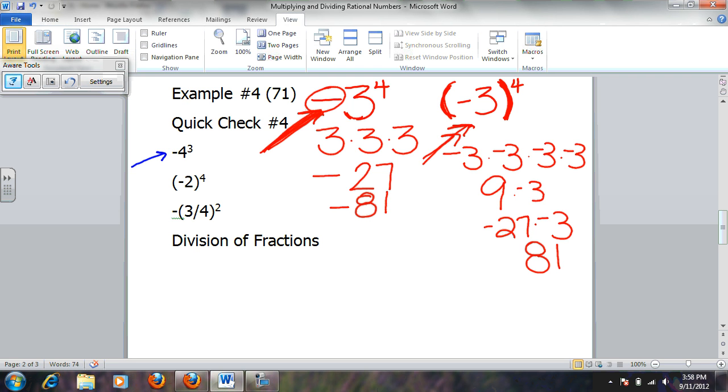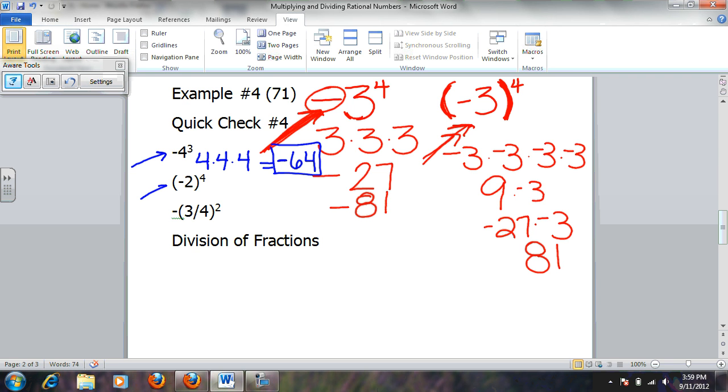The opposite of 4 to the 3rd power. So 4 times 4 times 4. 4 times 4 is 16. 16 times 4, 64. The opposite of 64, so it's negative 64.